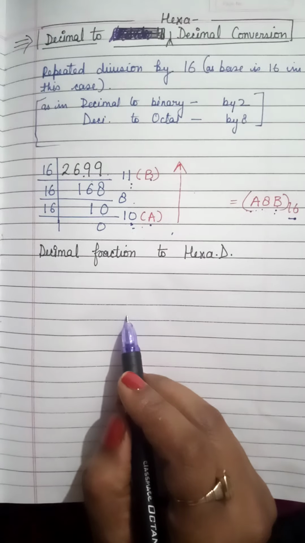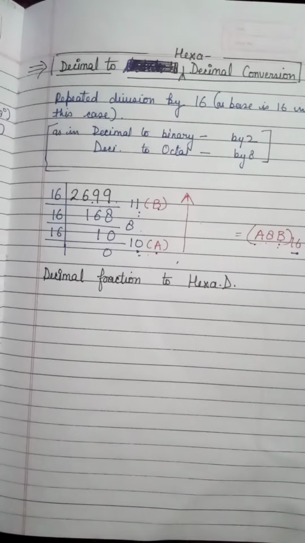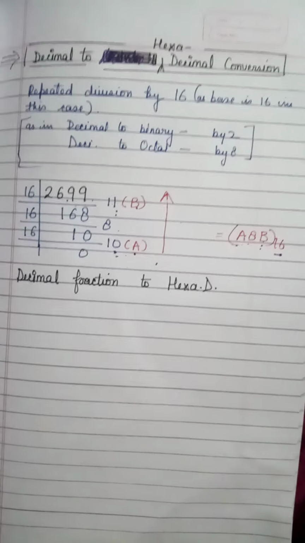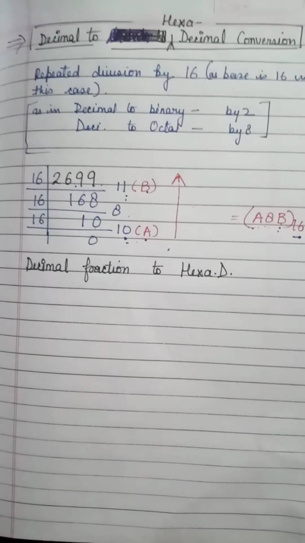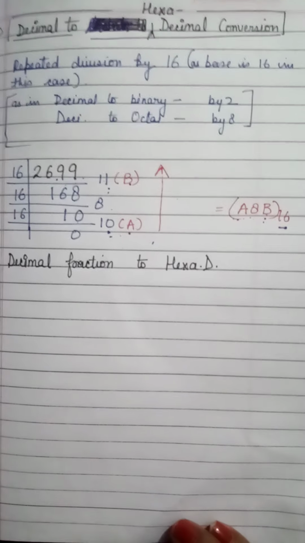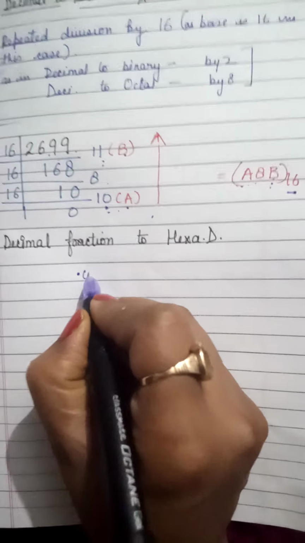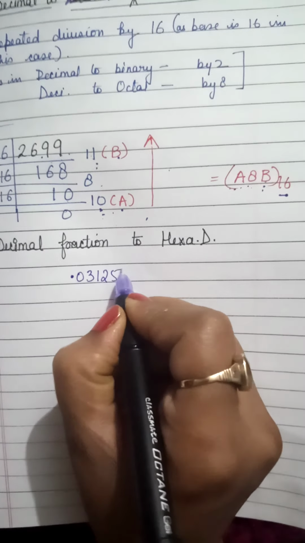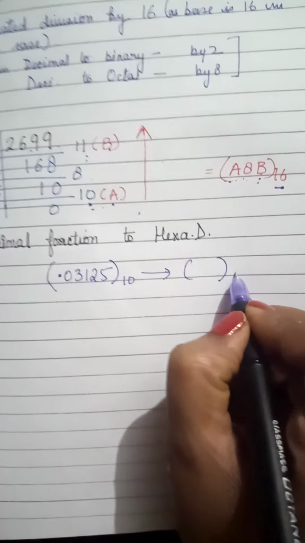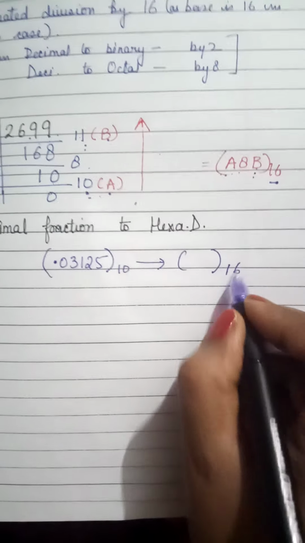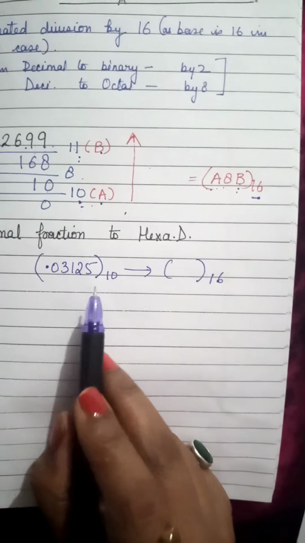Fine. Now come to the decimal fractional part. If you have to convert a decimal fractional part into hexadecimal, suppose the number is 0.03125, from base 10 to base 16.